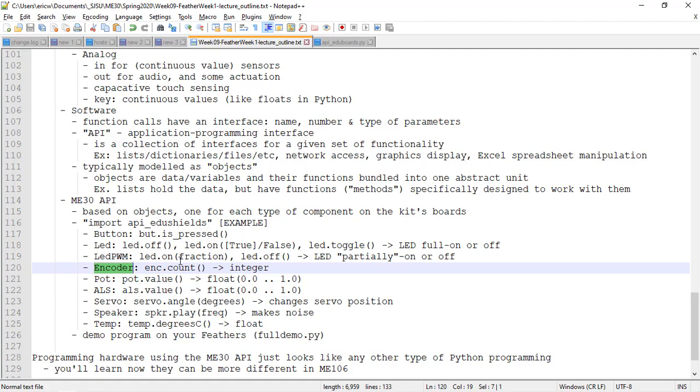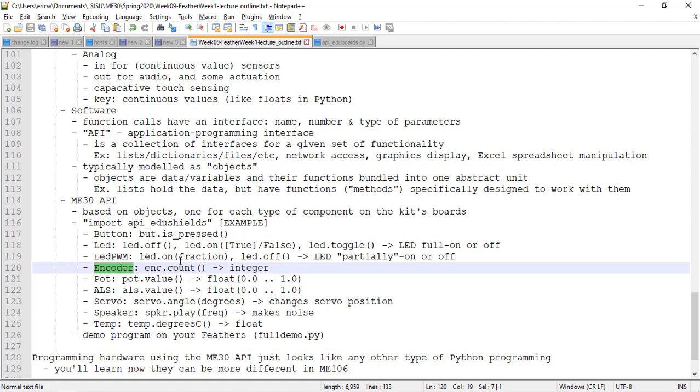Potentiometer, you have seen this, I believe. It returns a floating point value from 0 to 1, depending on how far around its mechanical rotation it is. Ambient light sensor, from its minimum to its maximum level of brightness that it can differentiate, is also from 0 to 1. The servo, you give it an angle from 0 to 180, I believe, that you ask it to point to, and it does it.